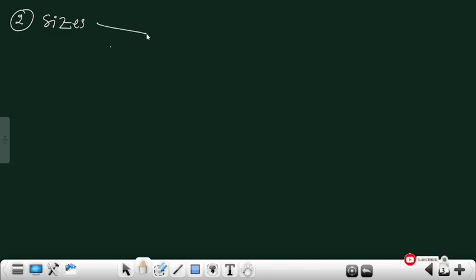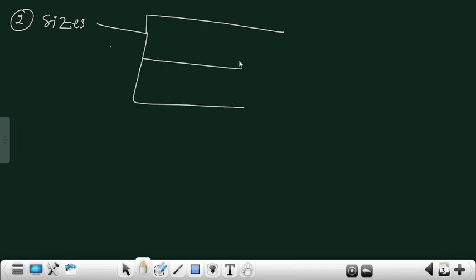sizes. It is further divided into three parts. One is the full size scale, where, as I discussed with the factor RF, RF is equal to 1.